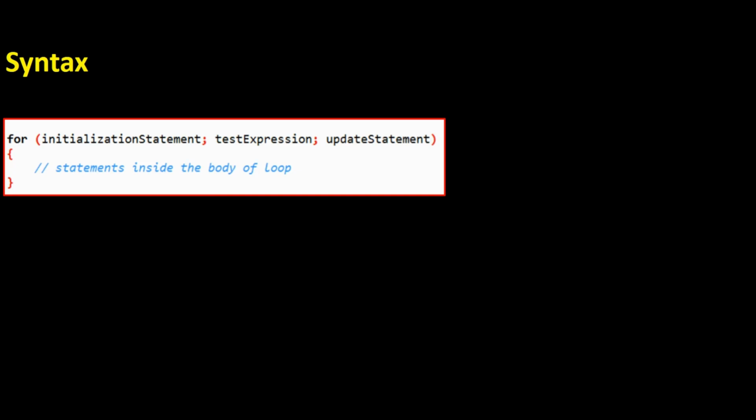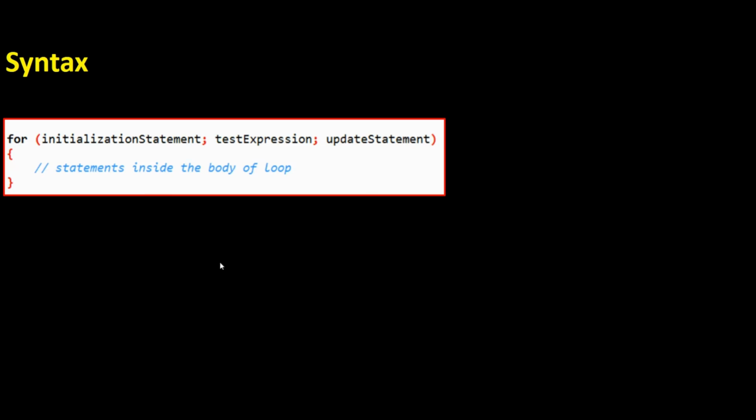This process will continue until the test expression is false. So the condition that we talked about is this test expression. The loop will continue until the test expression is false. So I hope the syntax is clear for everybody.